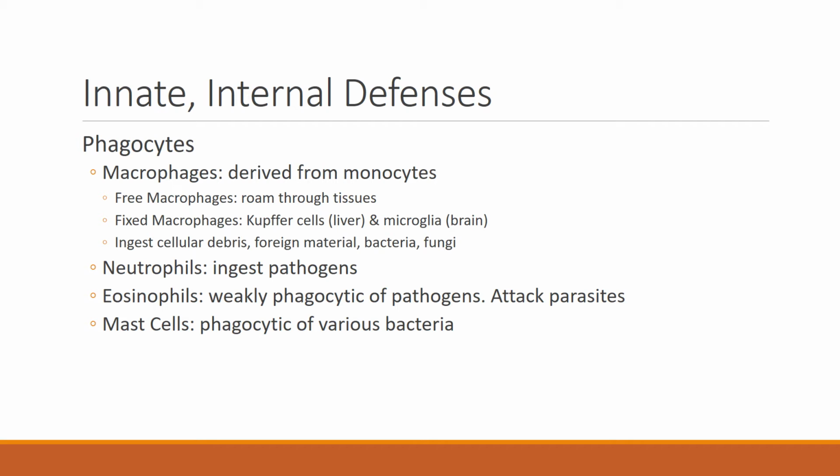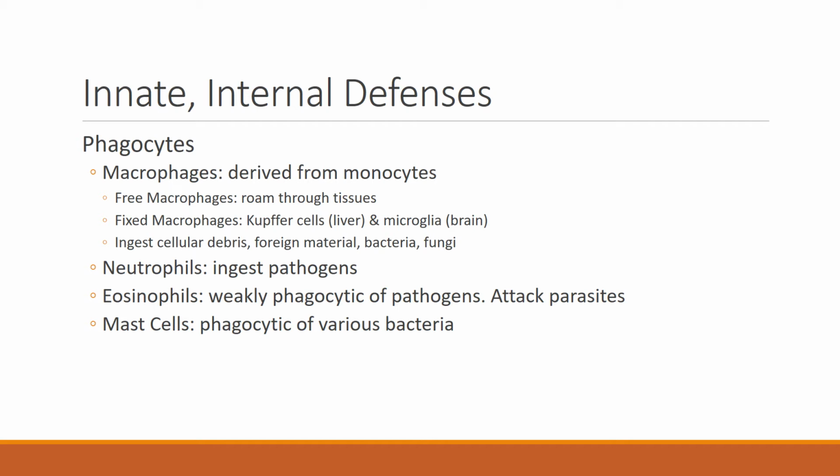Also in fewer number, we have eosinophils, and these are responsible for attacking parasites, again, a type of white blood cell. And they also participate in hypersensitivity to different types of reactions that we have.